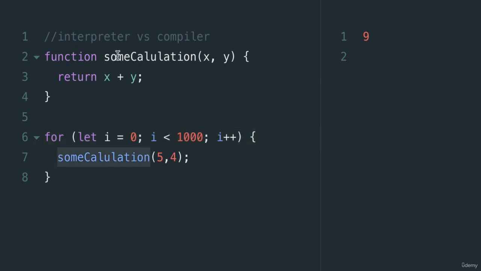It's going to go and see, all right, that's what the function is. I'm going to run 5 plus 4. And then I'm looping again. So I'm going to go once again, run some calculation 5 plus 4, some calculation 5 plus 4, and it keeps running, keeps running, keeps running. And this is how you might think code should be run, right?